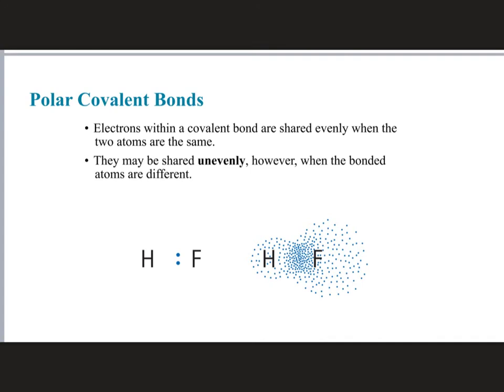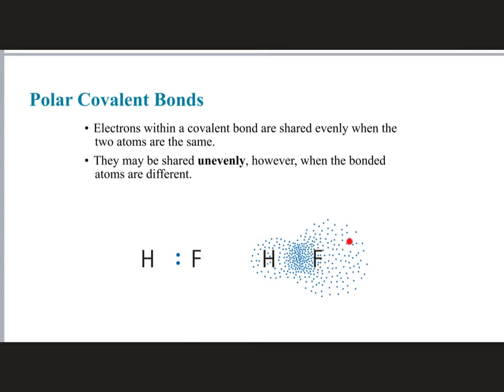Still, the main idea here is that in this situation, because the fluorine has a stronger pull on the electron than the hydrogen, it's not a symmetric picture. So the electron is going to spend a little bit more time over here than it does over there. And what that means is that this side of the atom is going to be a little bit more negative than that side.